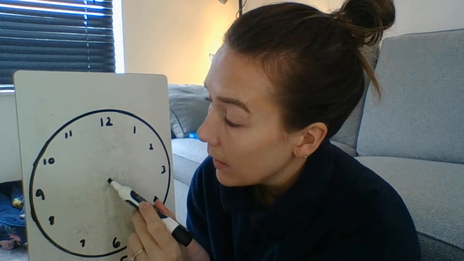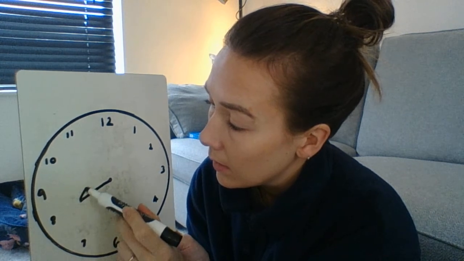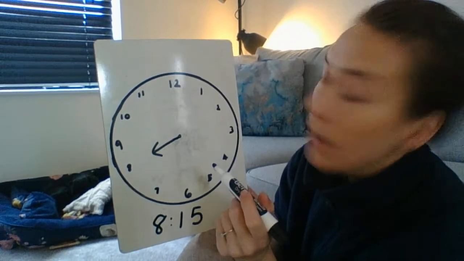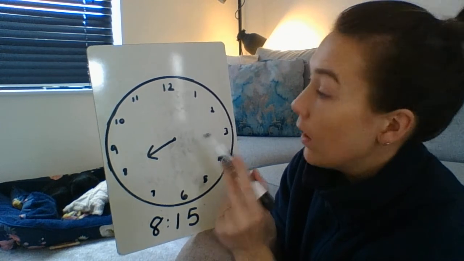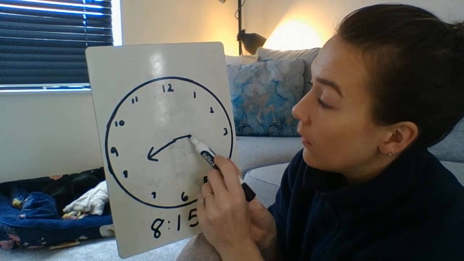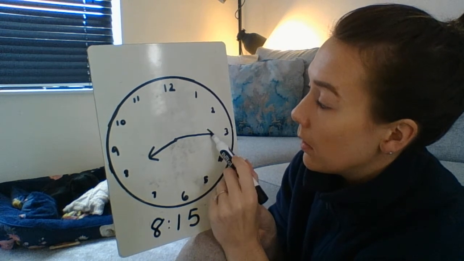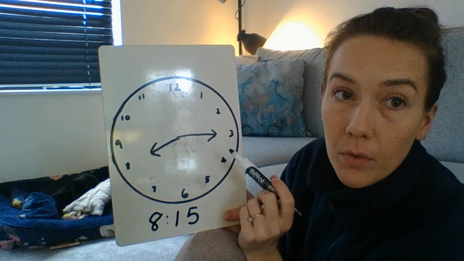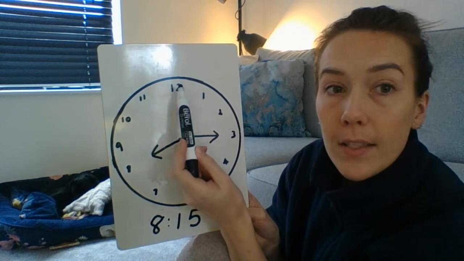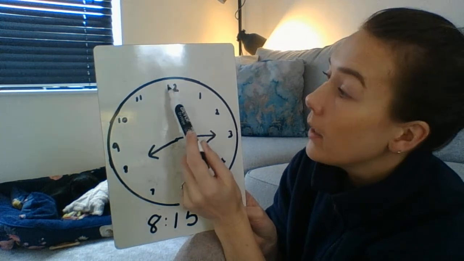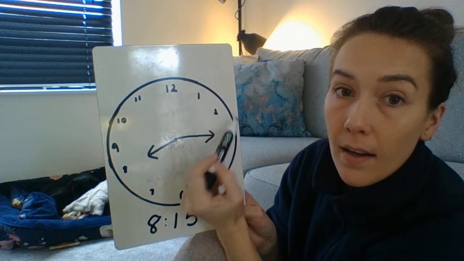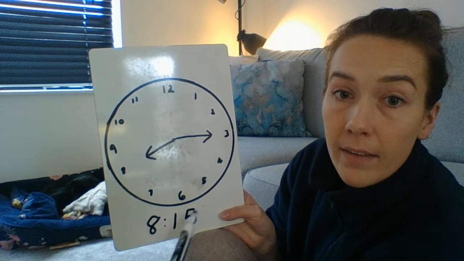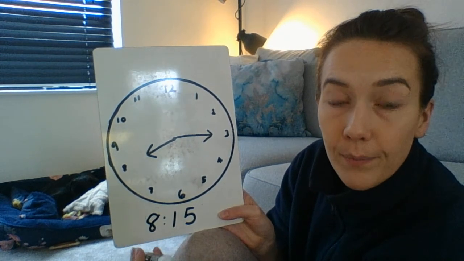It should be pointing nice and neat, ideally drawn with a ruler, to the 8. Then your minute hand, because we're doing 8:15, needs to go directly on the 3, and it's a little bit longer. There we go, 8:15. And like I said before, each one of these slots is worth 5 minutes, so 5, 10, 15. So 8:15.